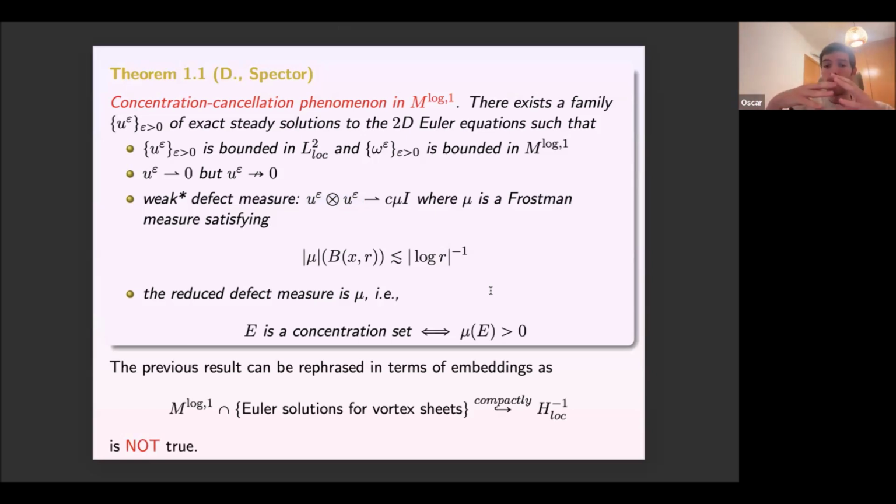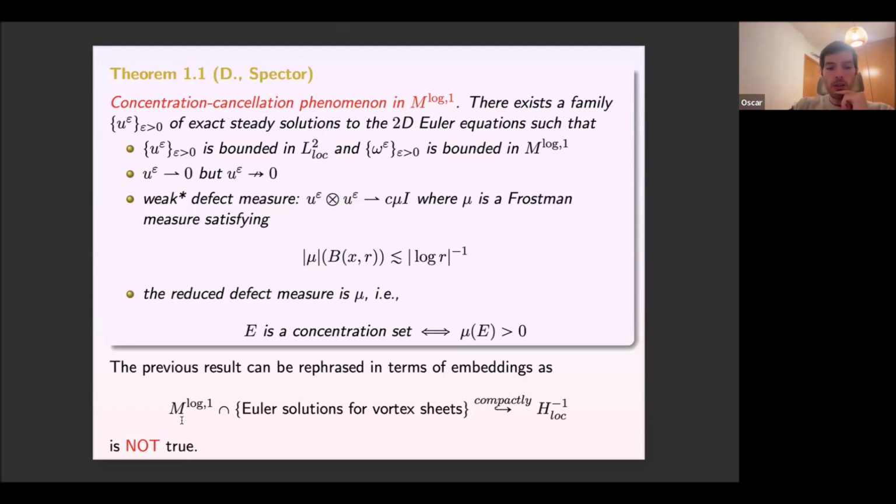As I told you, there is a connection between the concentration cancellation phenomenon and compact embeddings from function spaces formed by measures into H^-1. Indeed, this result admits the following formulation in terms of compact embeddings into H^-1.